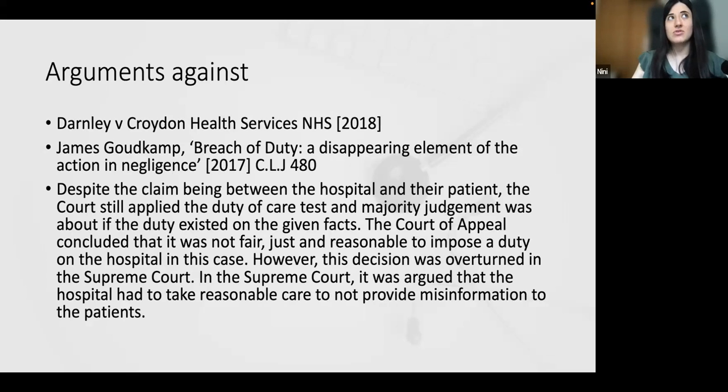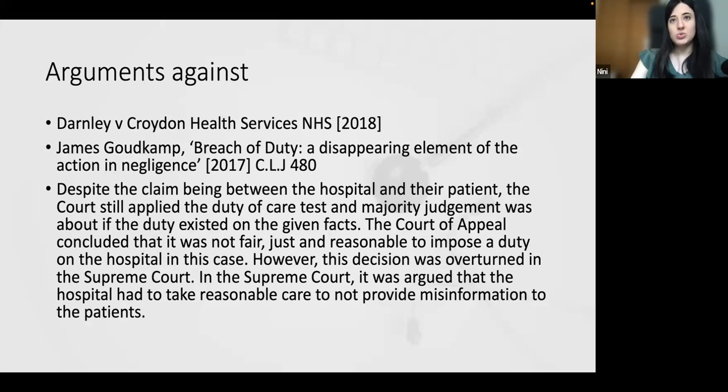The facts of the case are basically that a patient went to the hospital emergency room feeling ill and he was misinformed about the waiting times. After he said what his condition was and why he was visiting the emergency room, he was told that he had to wait about 4 to 5 hours to get seen by the doctor.